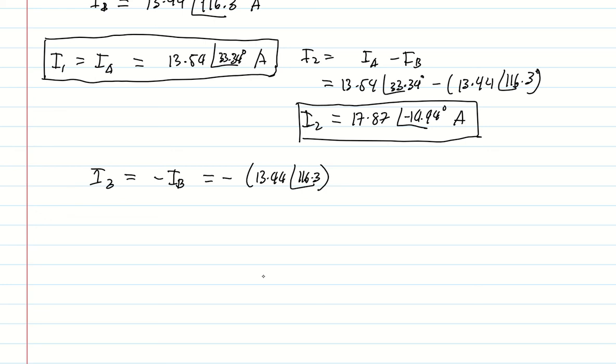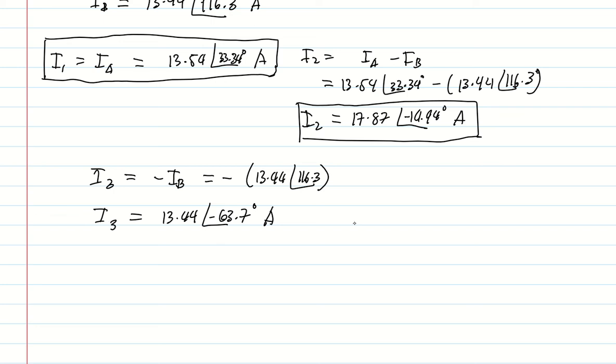So if we take the negative of that, it's the opposite direction. So I3 is equal to 13.44 angle negative 63.7 degrees. This is I3.